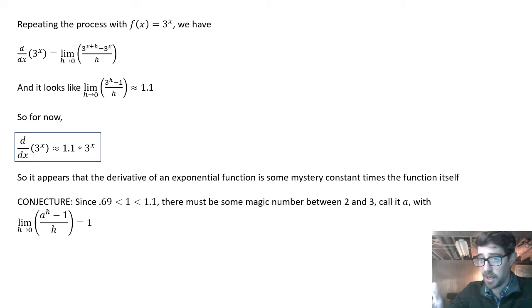So what we're saying is there's some exponential function that is its own derivative.